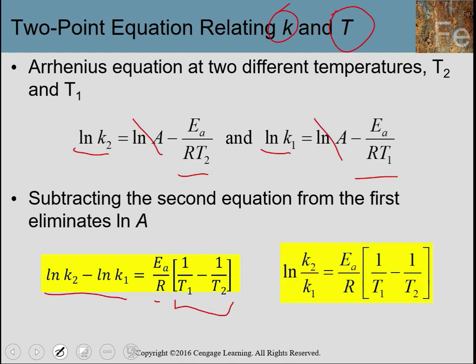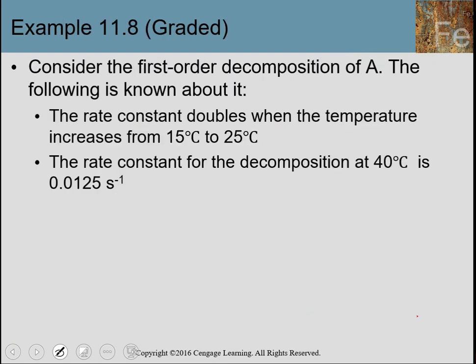Another way to express that, again, subtraction is the same as division, is this way. And you're going to see this more in your textbook than any other way, and we're going to use it at least once in this example. But they both represent the same exact equation, a representation that shows the relationship between temperature and the K values.